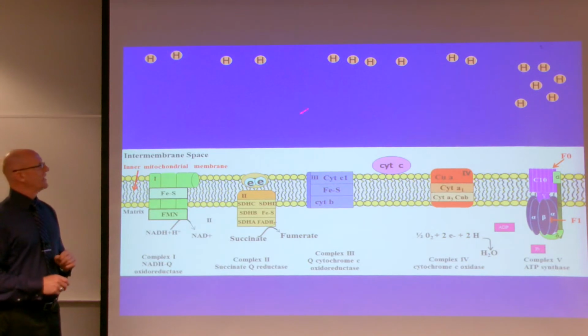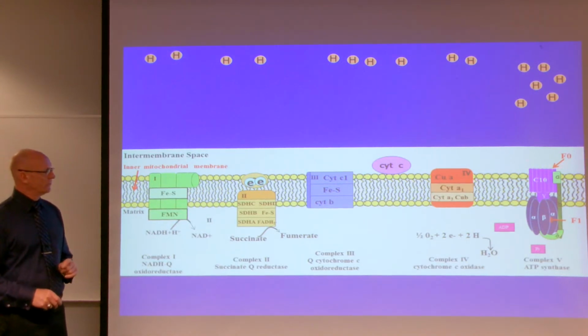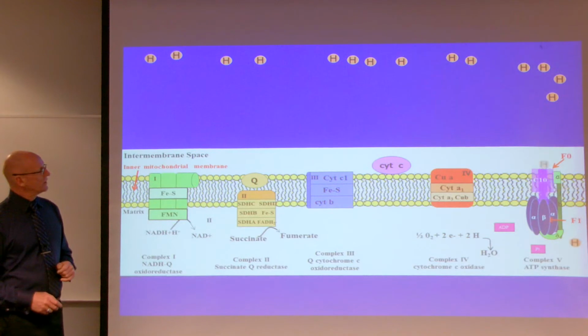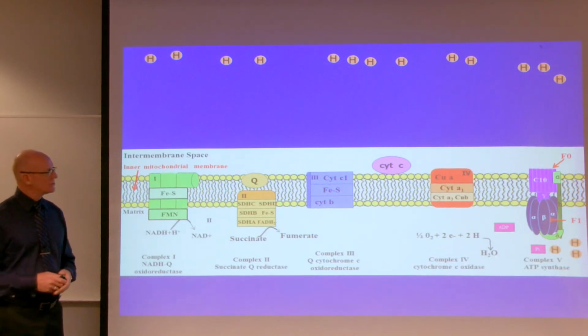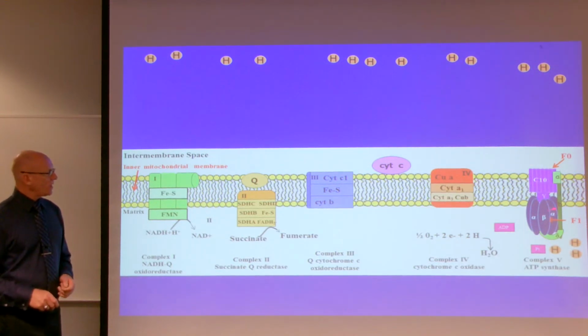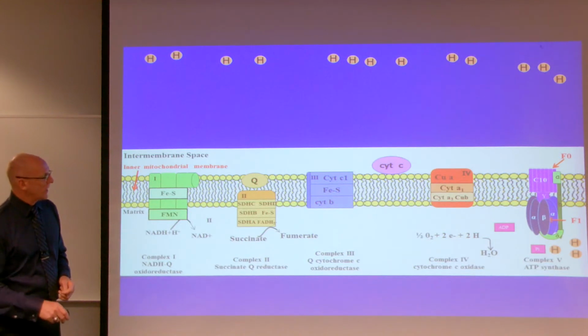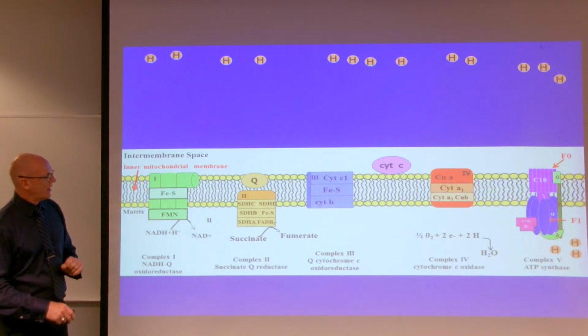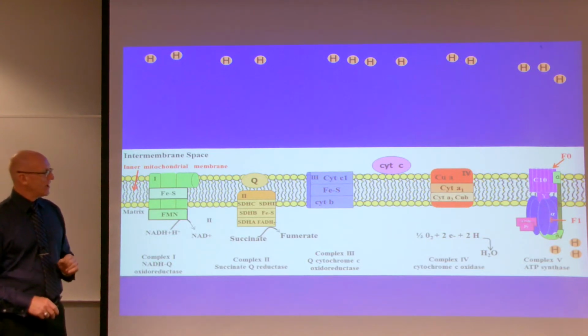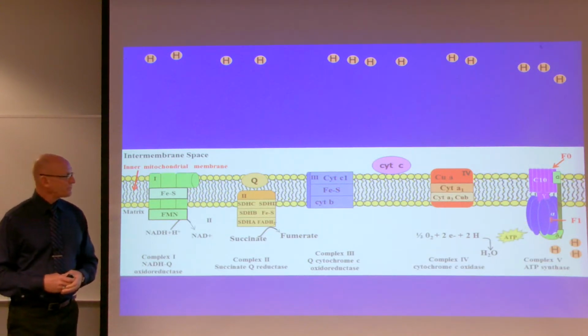So for every 3 hydrogen ions that go through the ATP synthase, it will yield 1 adenosine triphosphate. So as we go through this matrix space, it creates a conformational change through this F1, thereby allowing the adenosine diphosphate and another phosphate to bind to the beta subunit, creating an adenosine triphosphate.